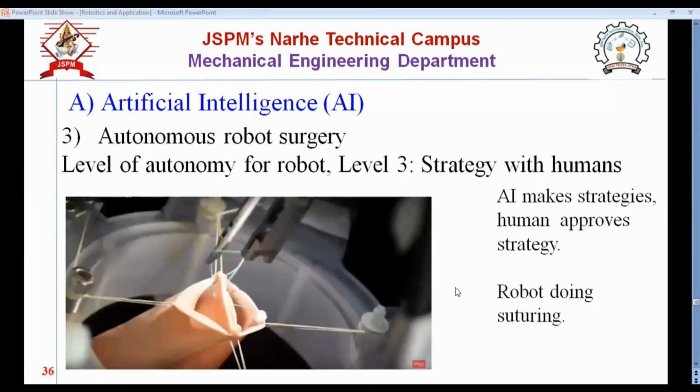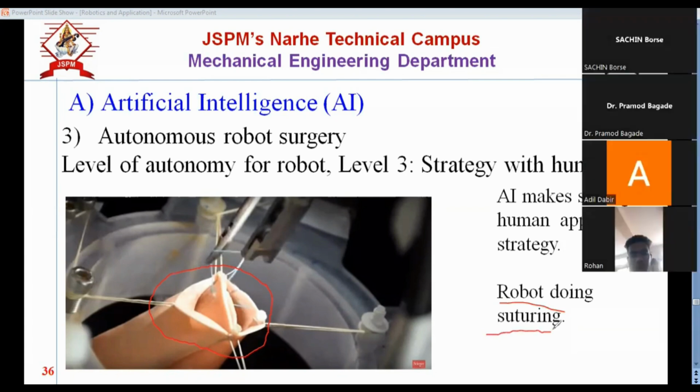Then the highest possible till date is level number 3. Here you can see the actual photograph of the surgery performed by the robot on the intestinal passage of pigs. All this stitching is called suturing in medical language. This suturing was performed very accurately by the robots, and the accuracy was very good. In suturing, each and every stitch is very important.